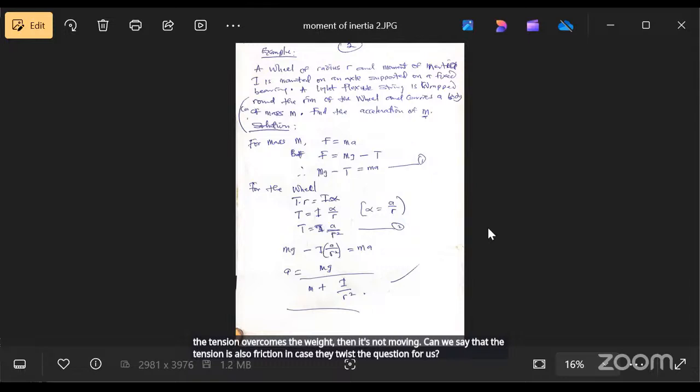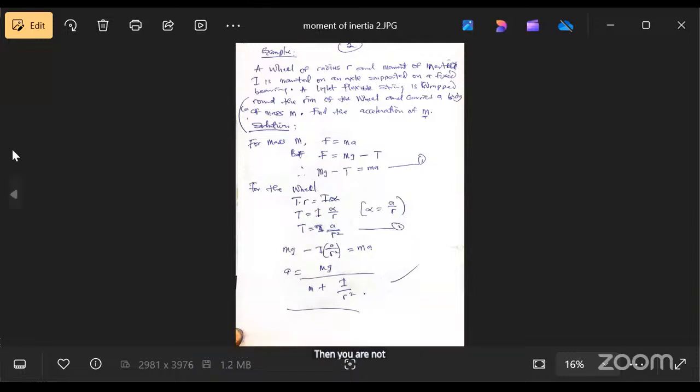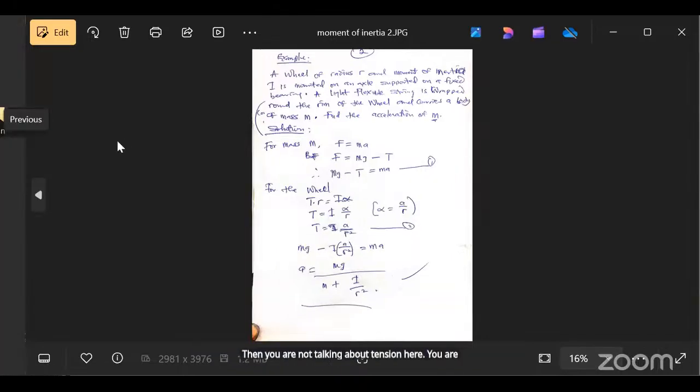No. When you talk about friction, friction exists between two things that are moving. Then you are not talking about tension here. You are not talking about friction here.